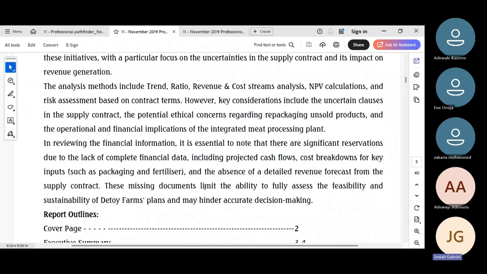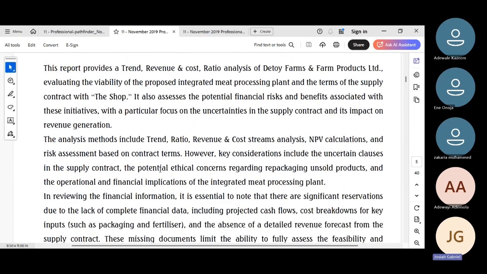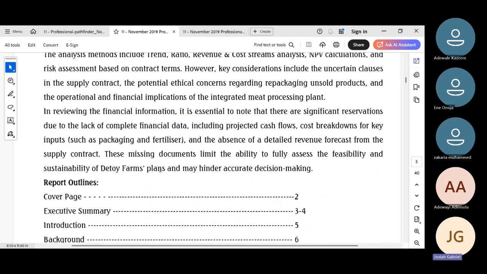We said these missing documents limit the ability to fully assess the viability and sustainability of Detoy Farms plans and may hinder accurate decision making. So this is an addition based on the introduction page. So that is 1 mark for the introduction.